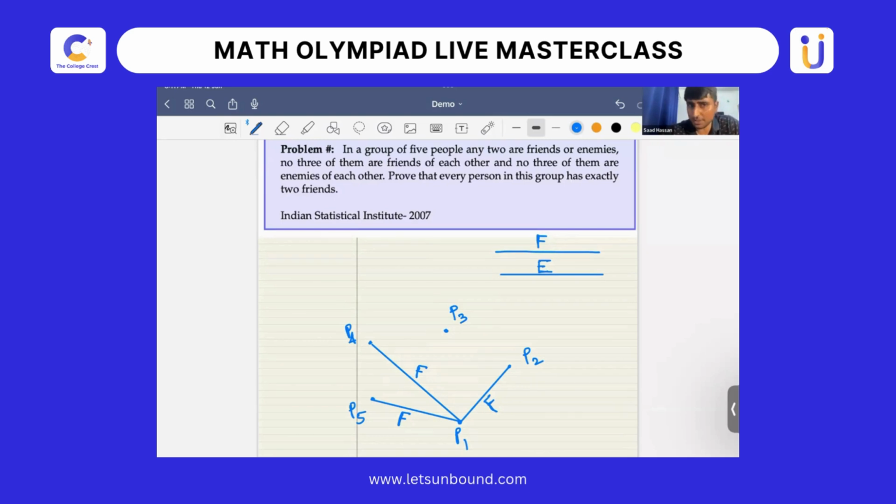The next thing I'm going to ask you to think of is the line connecting P4 and P5. Well, if you are going to say that P4 and P5 are friends, then there's going to be a contradiction. Why?